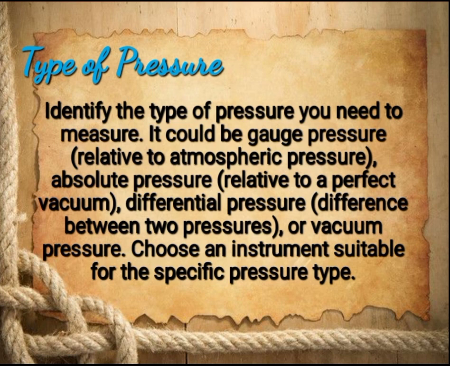So, selecting the appropriate type of pressure like absolute, gauge, differential, and etc. in pressure measuring instruments is necessary to ensure compatibility with the specific pressure conditions being measured and to obtain accurate and meaningful readings based on the reference point and context of the measurement.